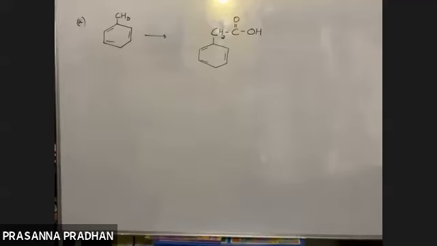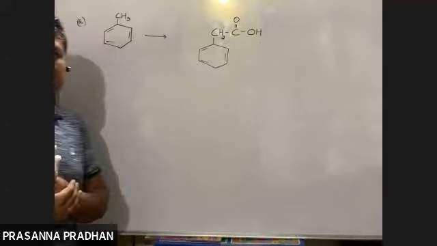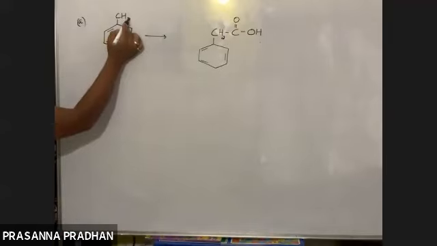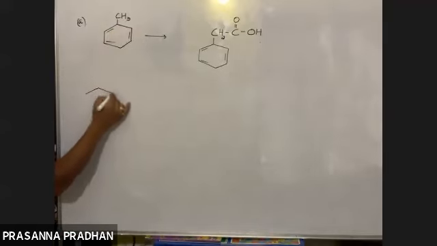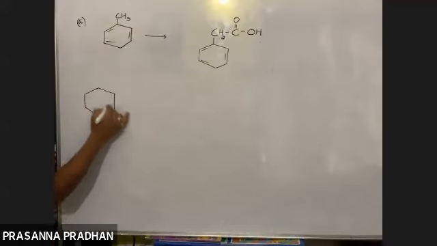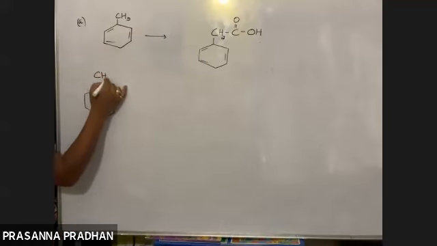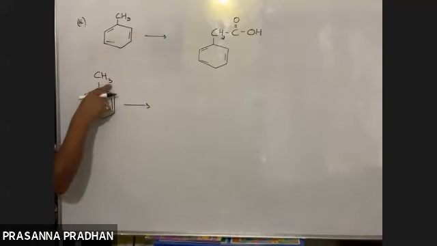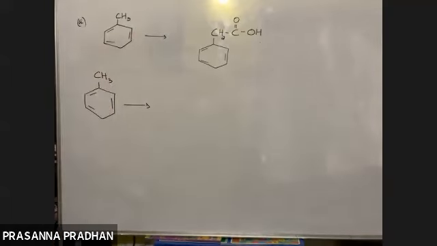Fine. Here we have to add an extra carbon atom. So what is the process to add an extra carbon atom? By treating halides with alcoholic KCN. So we must introduce a halide out here. How can you introduce a halide in the side chain? How can you substitute the hydrogen by halide?